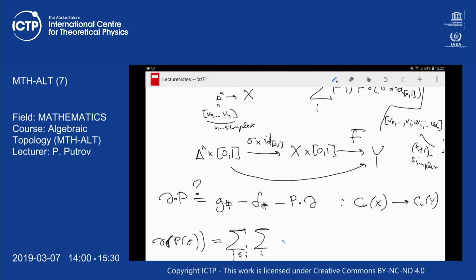So the term will look like this: (-1)^J, (-1)^I, and so F. So we essentially repeat the whole thing, sigma times identity, and then we restrict it to B0. So we remove J's vertex, and then continue, as before.